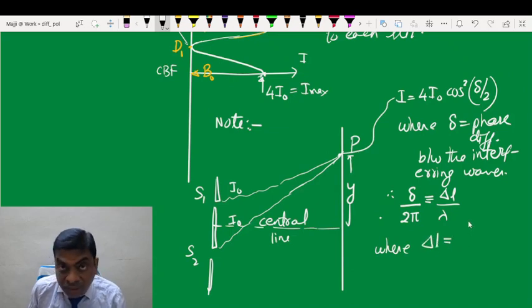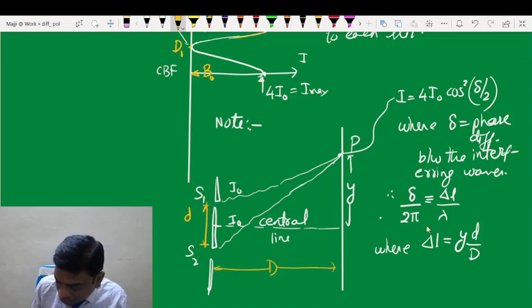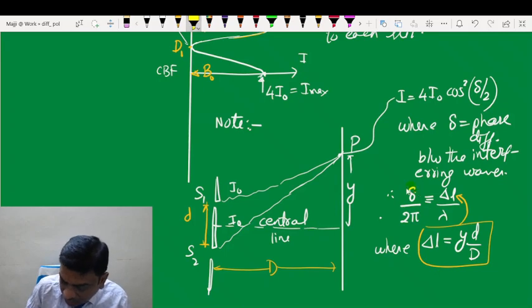Delta L is basically y small d by capital D. This is small d, students, and this is capital D. So based on this, you can substitute the value of delta L here and find delta. Once you know delta, you can use this delta here.